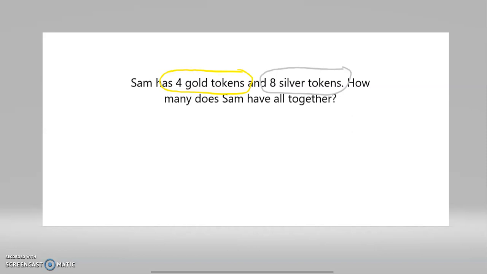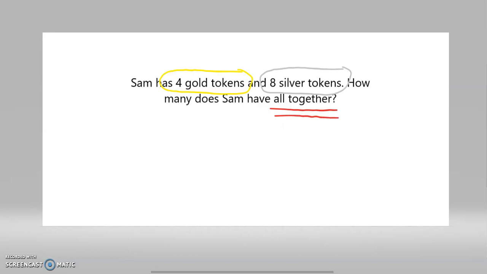The activity I'm going to have you doing this week is figuring out what vocabulary or words signal to us that we're going to be doing either addition or subtraction. So our important key word here is all together.